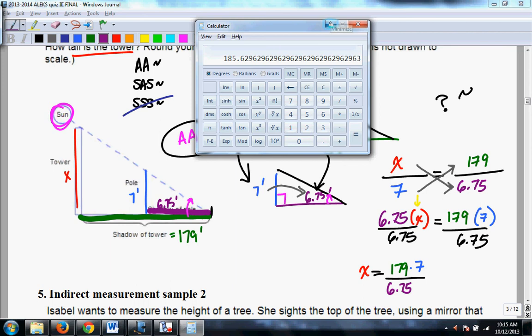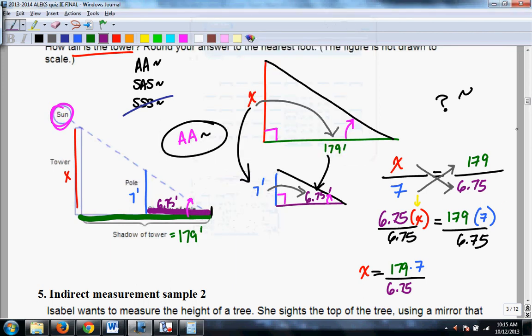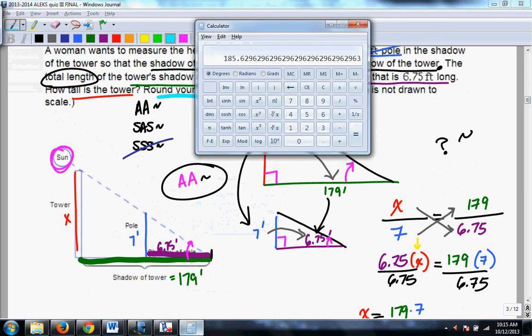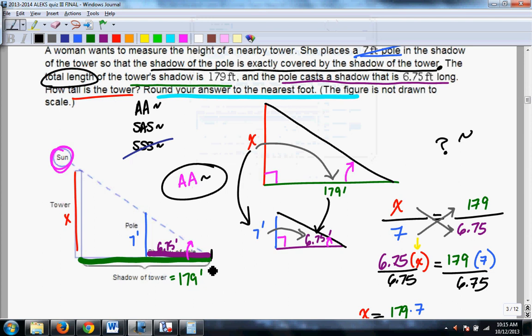185.62. Very important in ALEKS that you pay attention to where it wants you to round, or you're going to get frustrated. It says, very carefully, round your answer to the nearest foot. So look carefully. We have 185.6 feet, and we want it to the nearest foot, so in this case it's 186 feet.